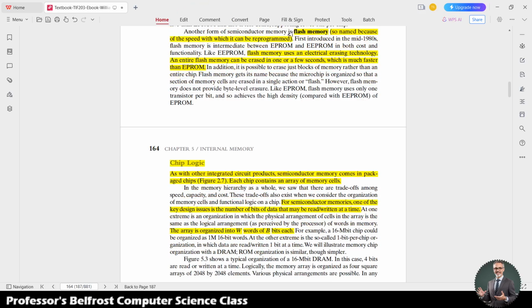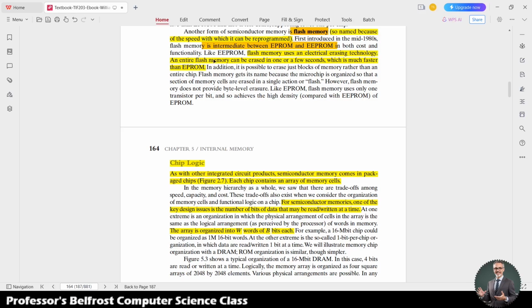Another form of semiconductor memory is flash memory, named because of the speed with which it can be reprogrammed. It is intermediate between EPROM and EEPROM in both cost and functionality. Like EEPROM, flash memory uses an electrical erasing technology.